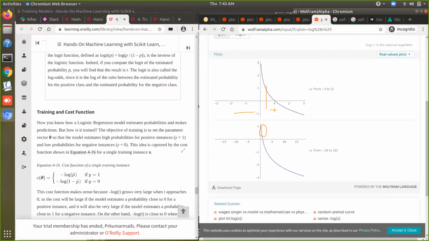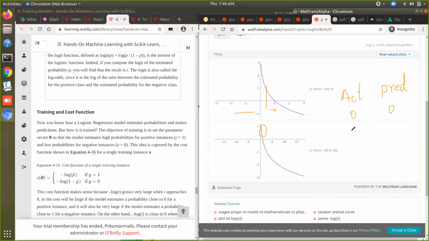Now we will relate this to the cost function defined here. We have the actual class, and assume the other one is the predicted class. If my actual class is 0 and my predicted class is also 0, then I don't need to penalize the model.